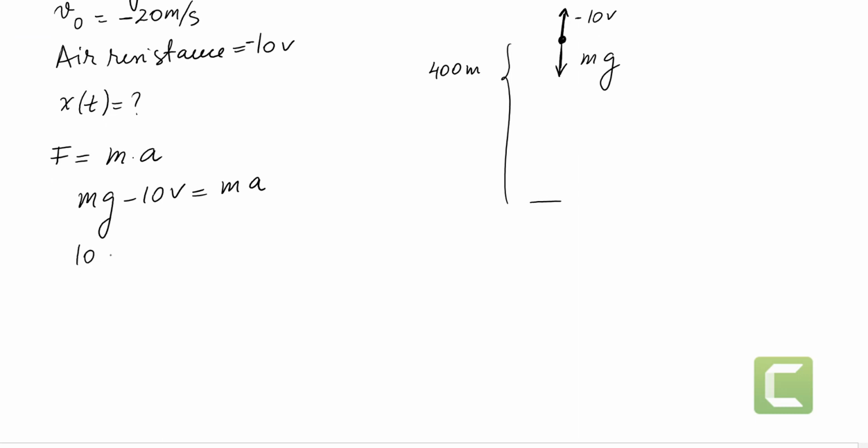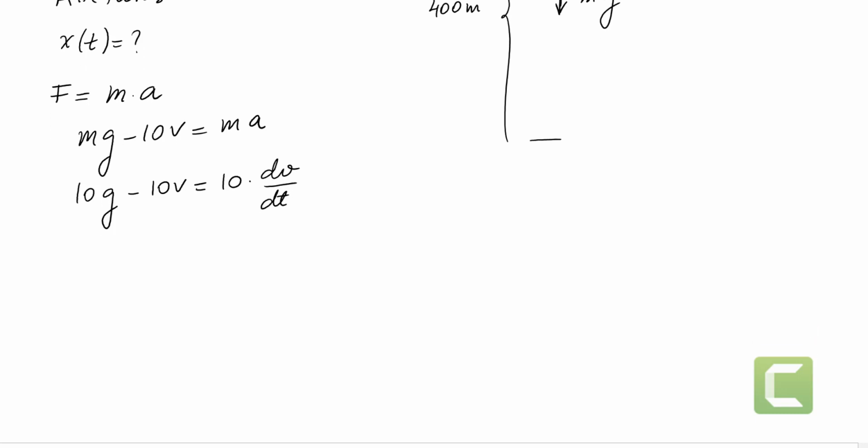I have 10g, just to be clear, this is grams, and this g is 9.81 meters per second squared, minus 10v equals 10 grams times acceleration, which I can write as dv/dt, the derivative of the velocity with respect to time. I can divide everything by 10 to simplify my computations, and I get this nice equation.